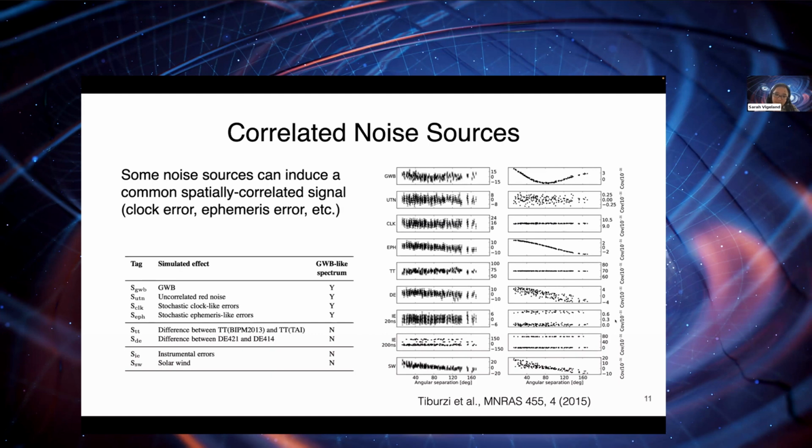But that means you have to be able to correct for the propagation time between your observatory and the barycenter. So you need to know the position of the barycenter very accurately. And a few years ago, this was an issue for pulsar timing arrays. And the expected correlation signature of such an error is a dipole.